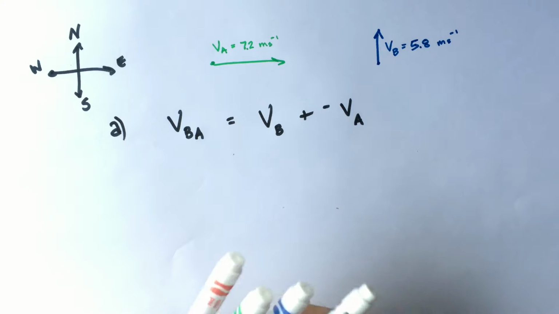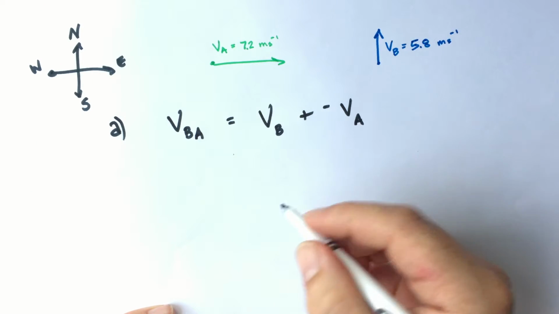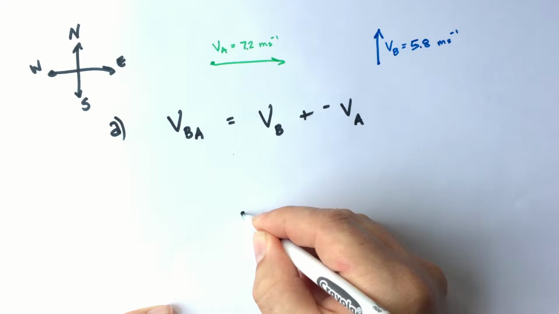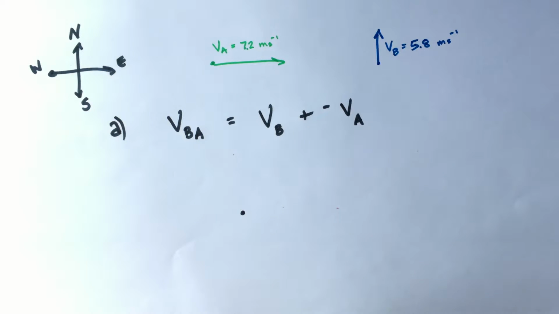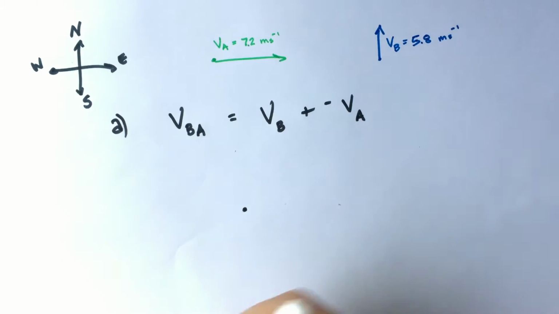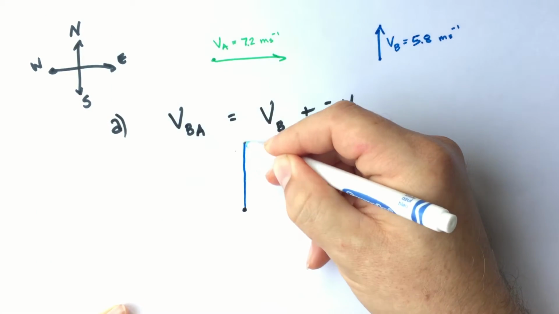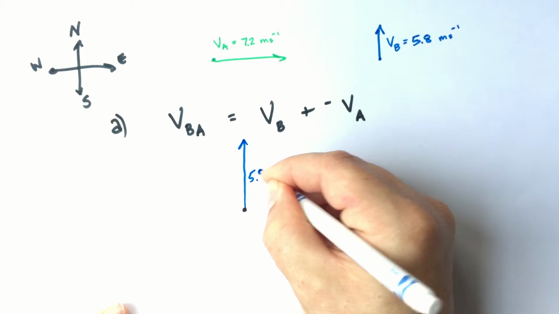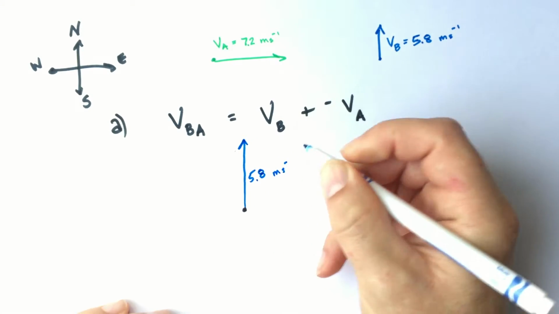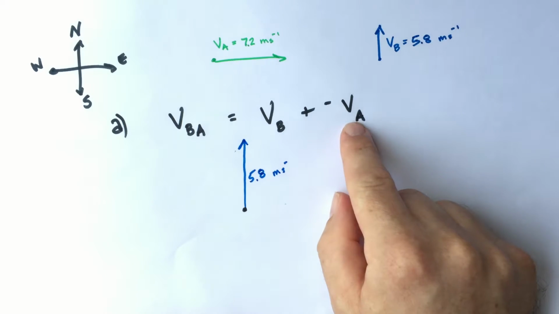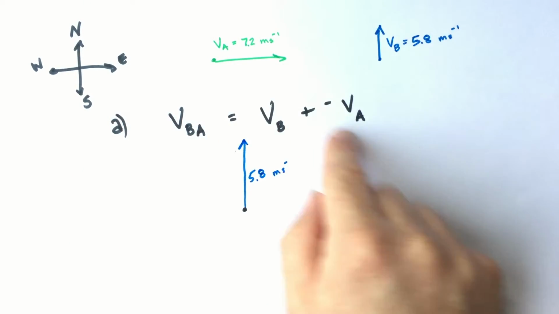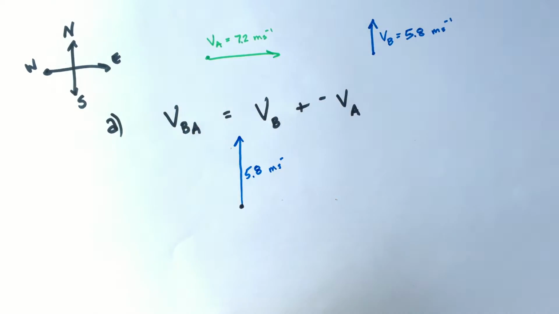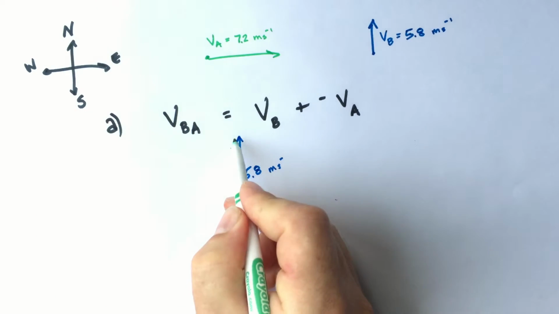This is vector addition, right? We'll pick a reference frame here, or an origin, I guess. We'll first put vector B on it. That's going up at 5.8 meters per second. Then we'll put a negative vector velocity A. So instead of this way, it's going to be going the opposite way, 7.2 meters per second.